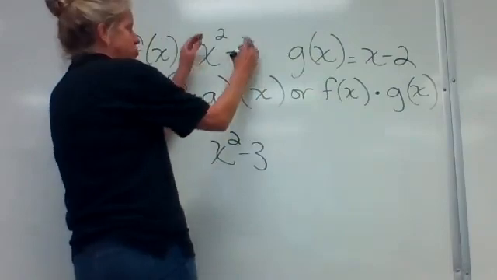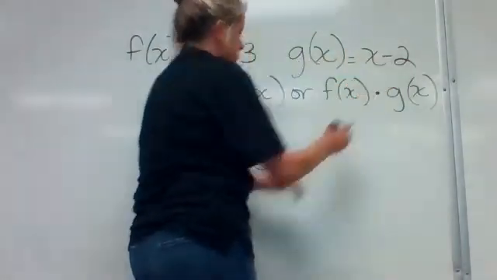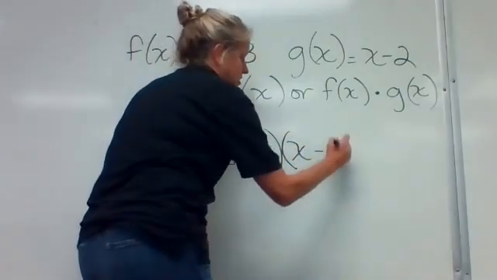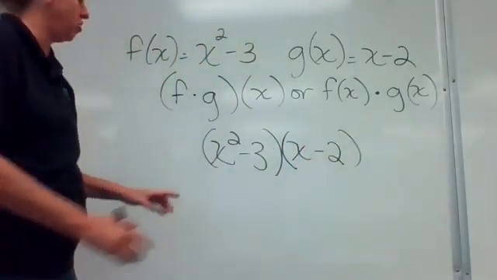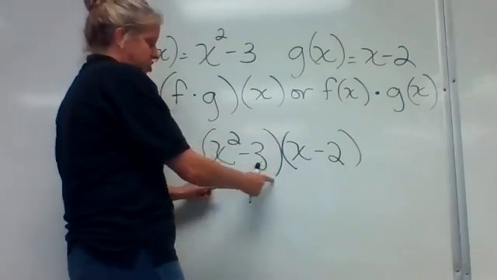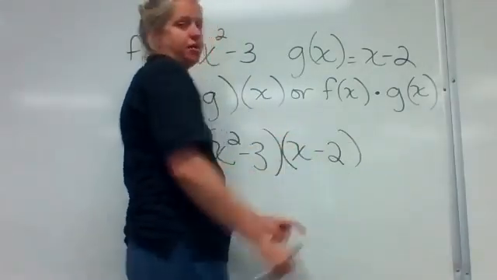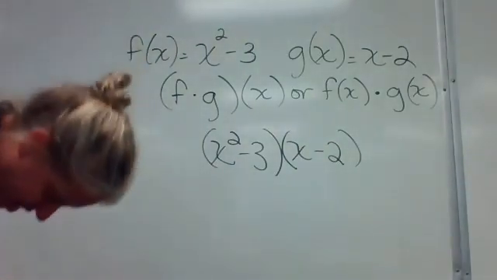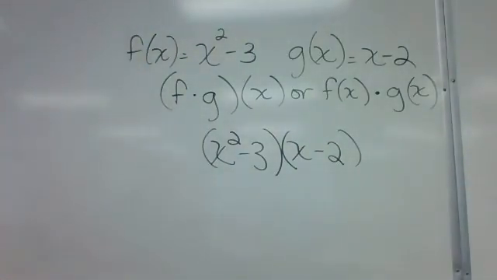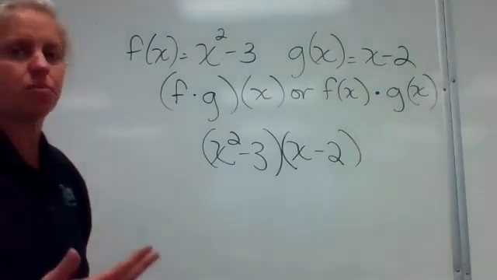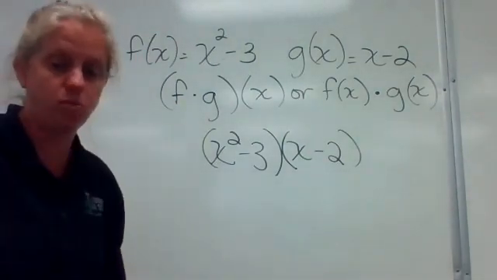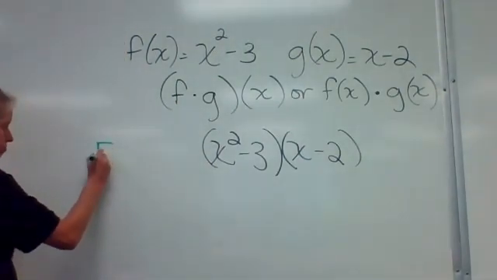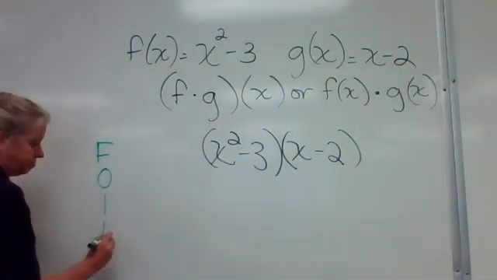So now I see I'm multiplying this times this. I need to put parentheses around this so I can see exactly what I'm doing, because I want to multiply this entire function times this entire function. Now that I see it written out like this, if you are fairly recently out of high school, or you remember when you took algebra, you probably learned this acronym, FOIL.